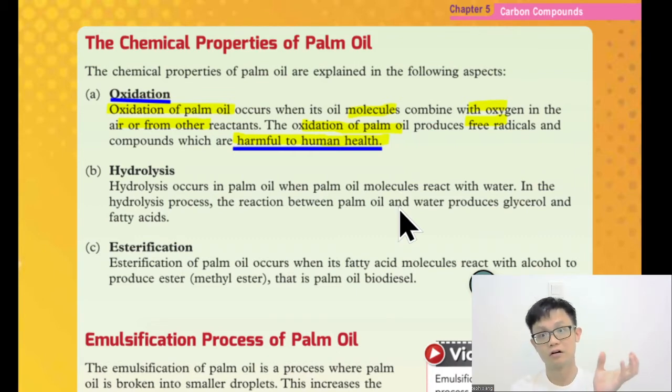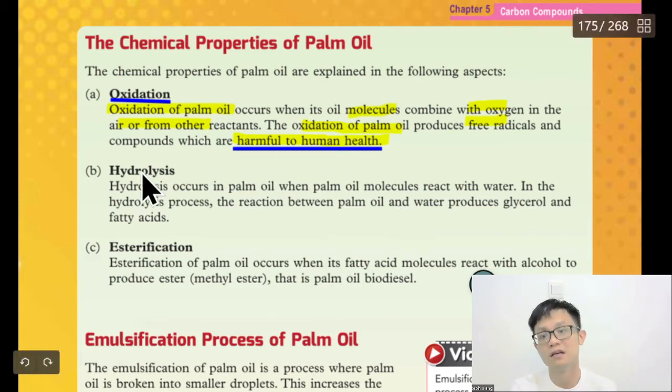But if the apple undergoes oxidation before you eat it, it becomes not healthy. That's why after you cut the apple, eat faster. Don't wait until it becomes brown in color, because then it has already undergone oxidation. But apple is not that harmful to human health, but it's best, like when you wake up in the morning, cut the fruit and eat it quickly.